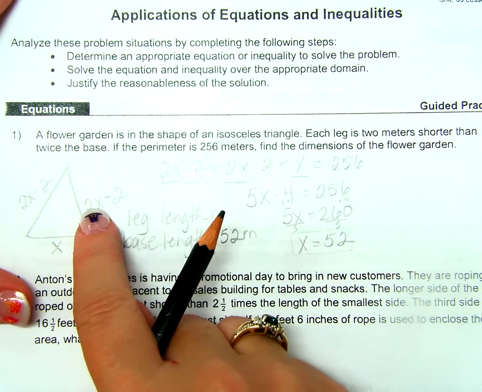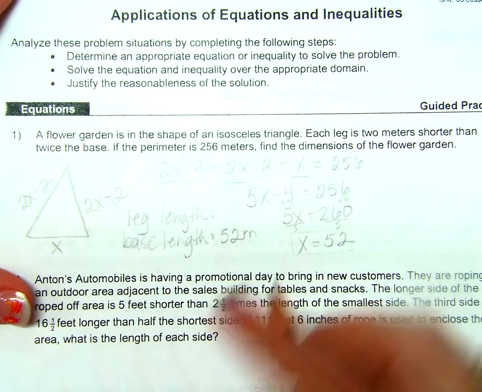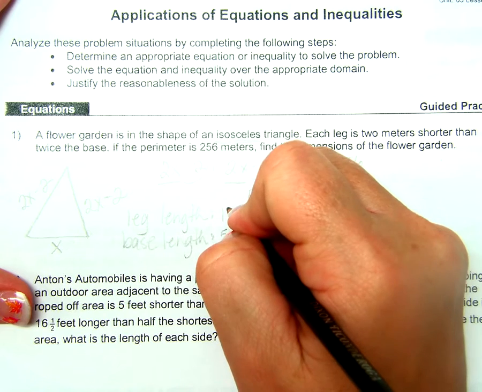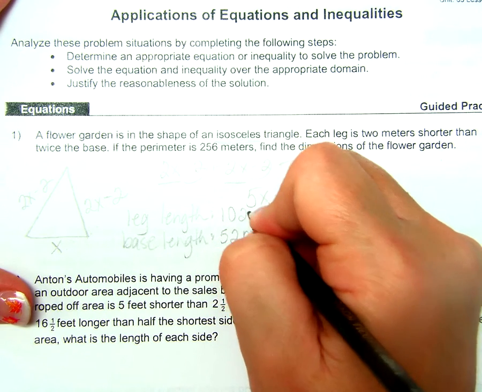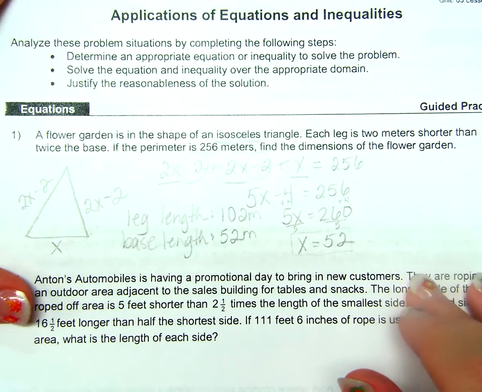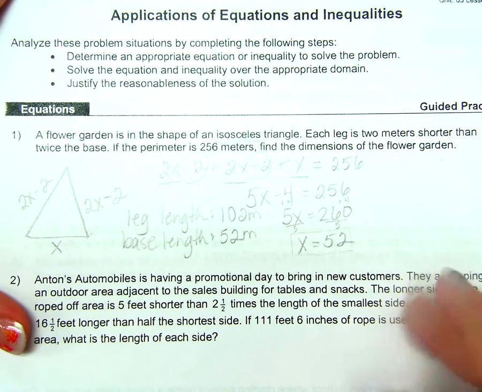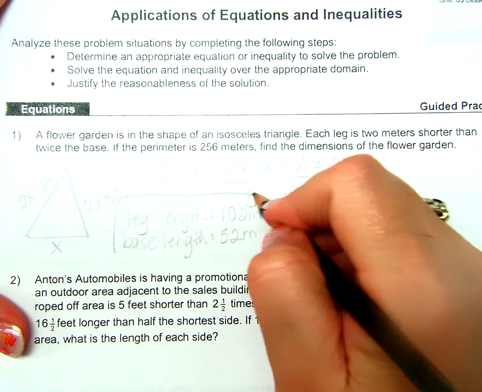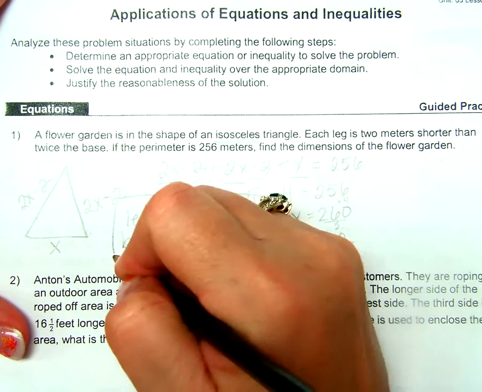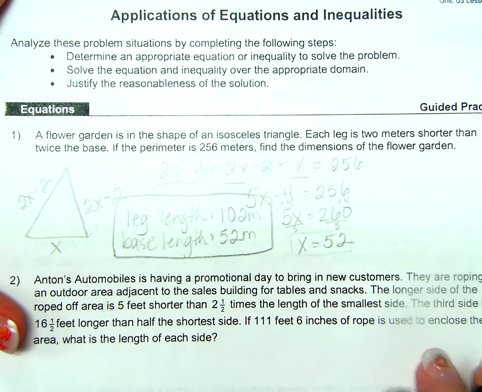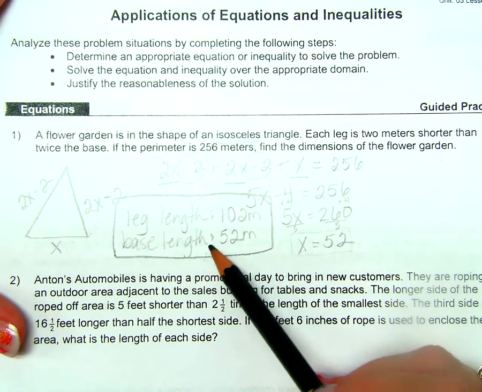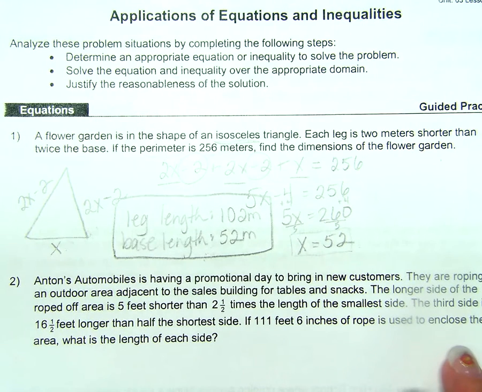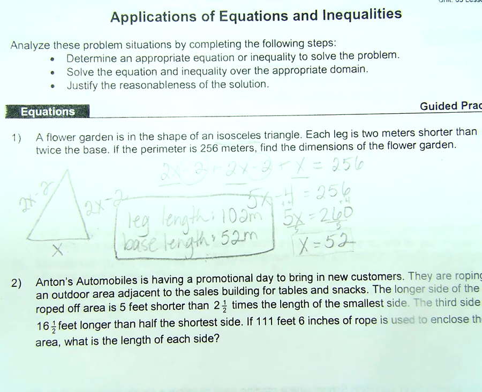If I double 52 and then subtract 2 from that, I get 102 meters. So this is actually the answer to what I'm being asked to find, isn't it? I agree that the other is the answer to the equation, but this is the answer to the problem. Does that make sense?